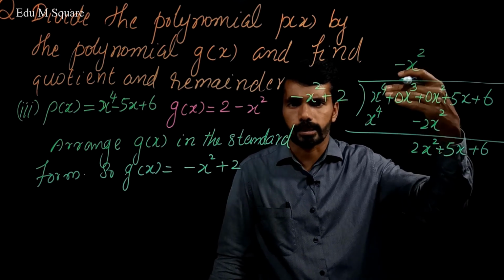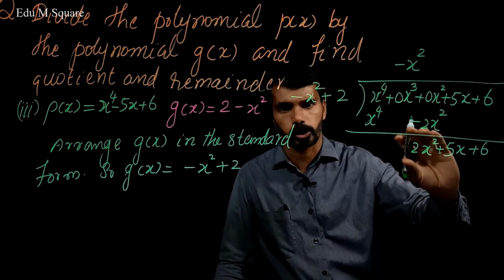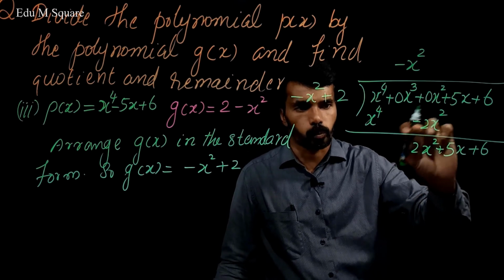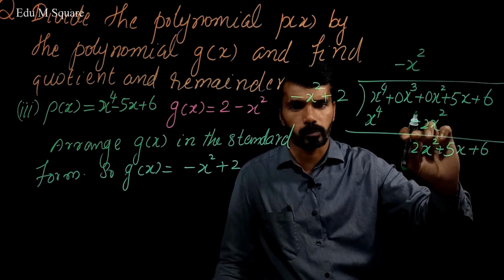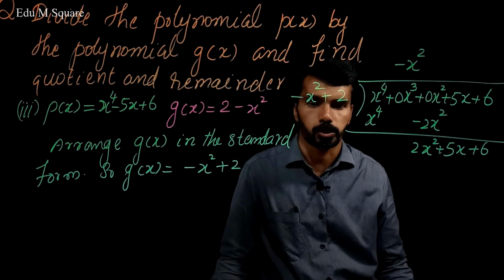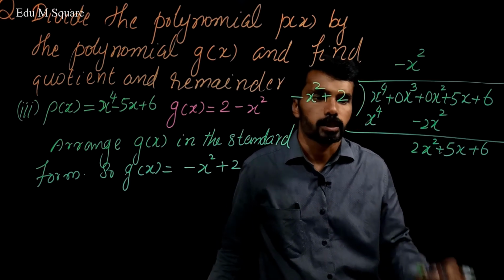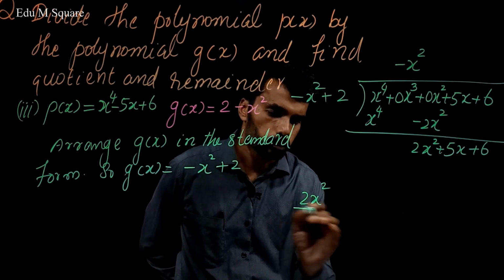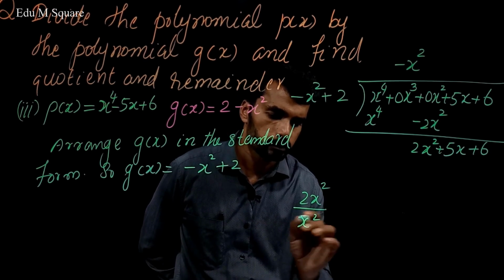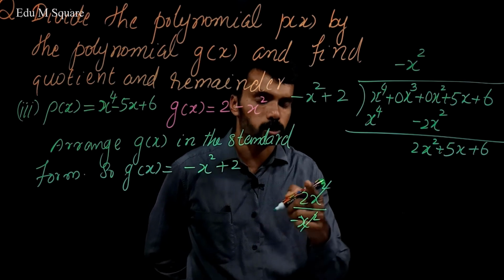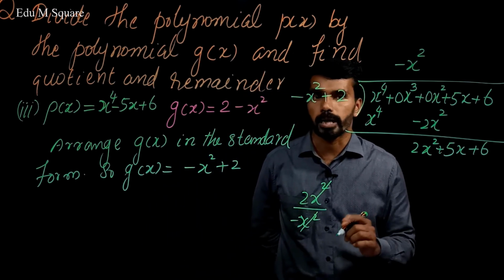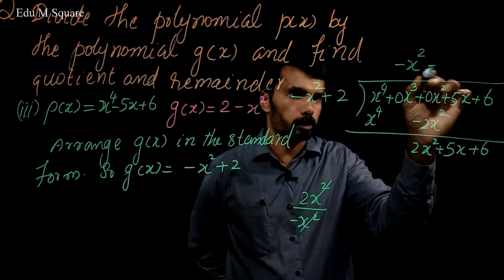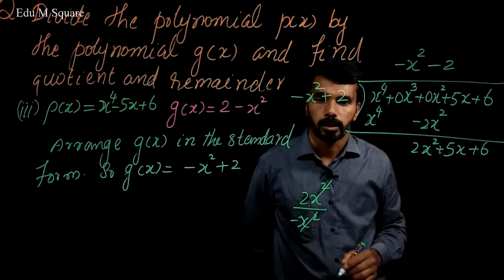Just like in the first step, we divide the first term of this new dividend by the first term of the divisor. So 2x square divided by minus x square. So x square cancels. Then what remains? 2 by minus 1, that is minus 2. That minus 2 we write in the quotient.